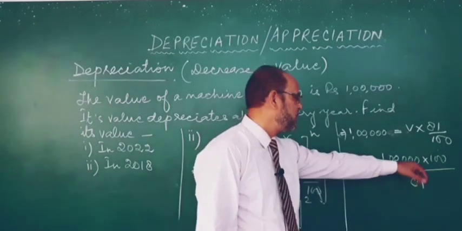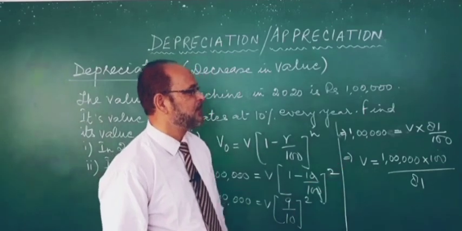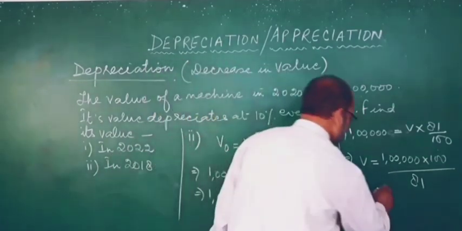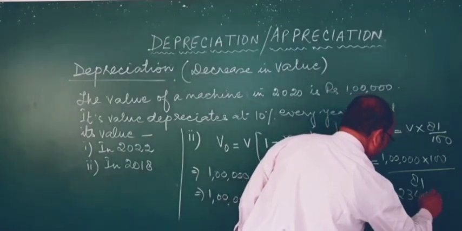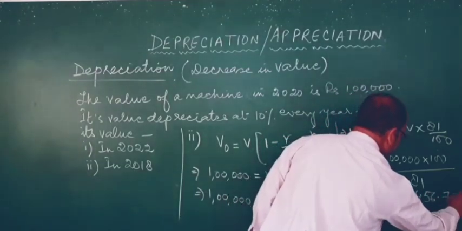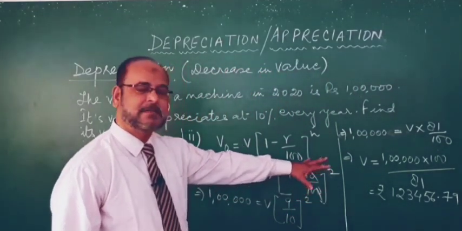Now your job is to solve this. So we will multiply 1 lakh into 100 and whatever the product comes, you will divide by 81. So your answer will come rupees 1,23,456.79. Since it is the cost of the machine, we can write it in decimal.